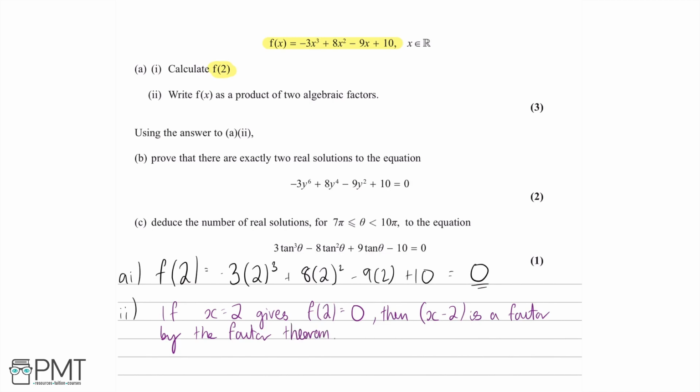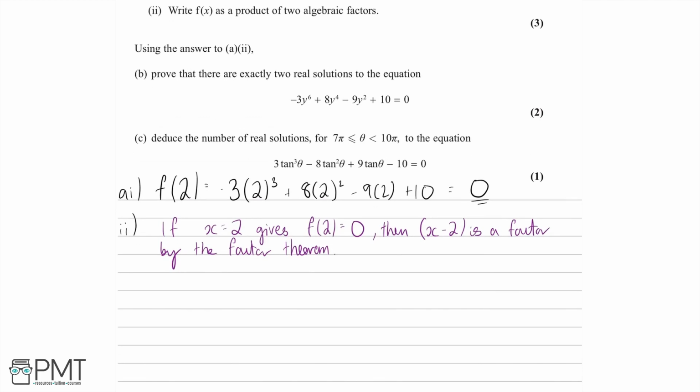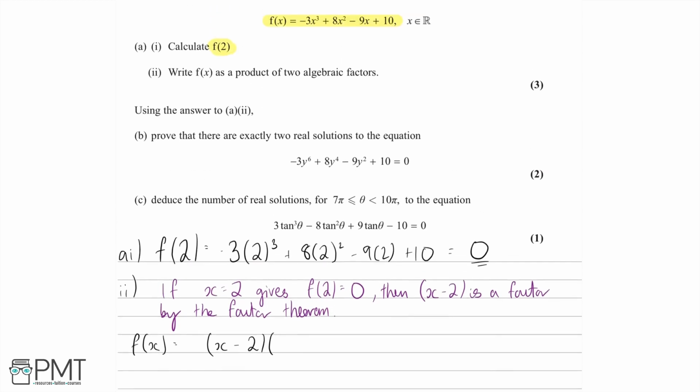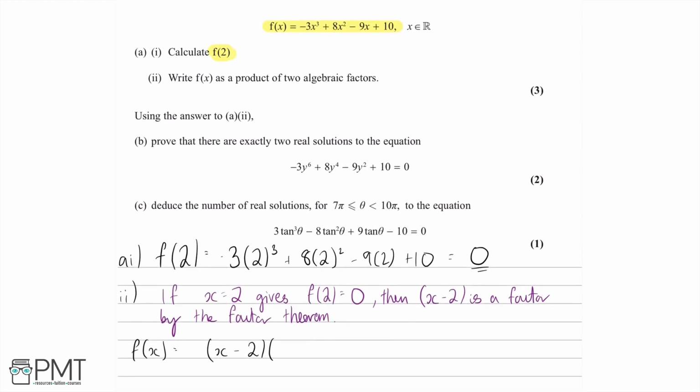So consequently, that means that we can already factorize f of x as x minus 2 times, now we don't really know what this inside bit is going to be, but let's just let it equal random letters for now. We'll get back to that in a second.